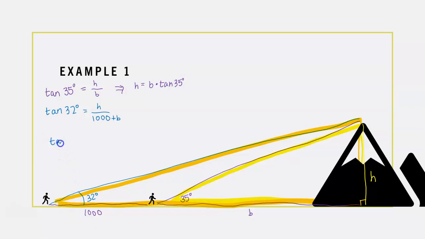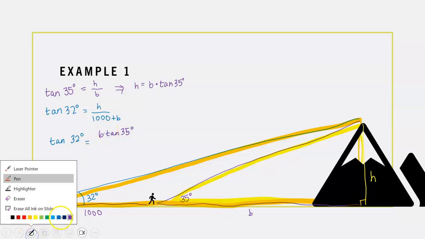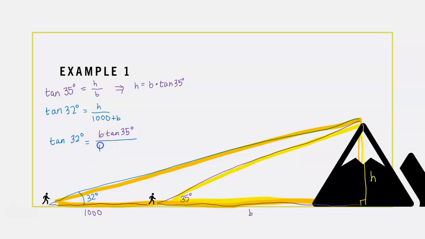So I have tangent of 32 degrees is equal to b times tangent of 35 degrees over 1,000 plus b. So all I've done was rewrite this equation and replace the h with this information.